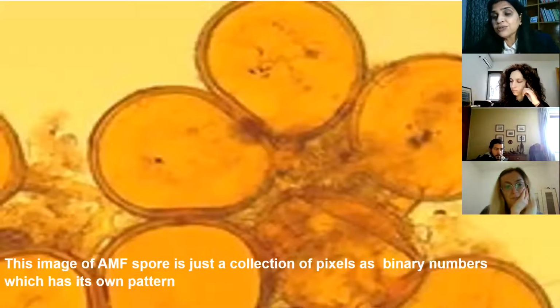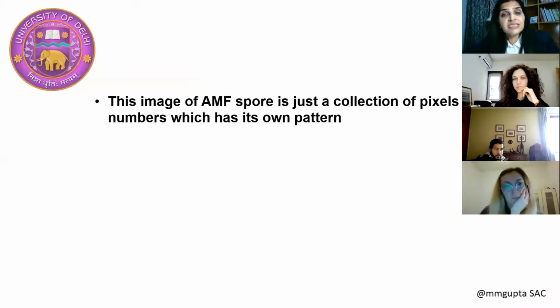So the machine tries to pick this pattern from a picture. With reference to this picture, this image of a spore is just a collection of pixels and numbers which have their own pattern.